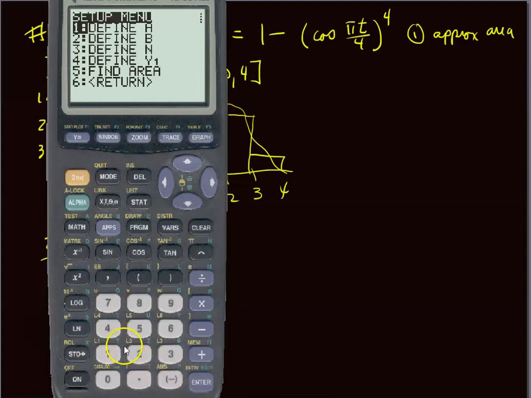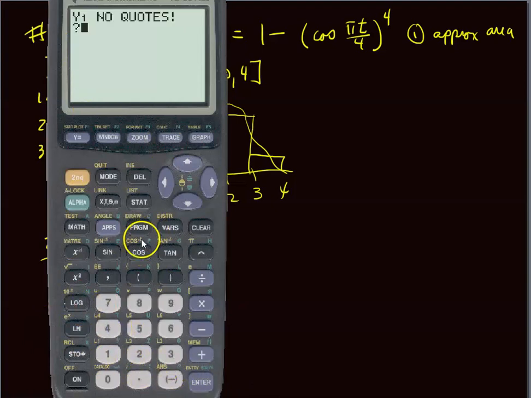Define the function 4. Let's try this again. 1 minus the cosine, pi x divided by 4, close that to the 4th. Oh, guess what? I'm glad this happened too. I need to know that this is not just that argument to the 4th.